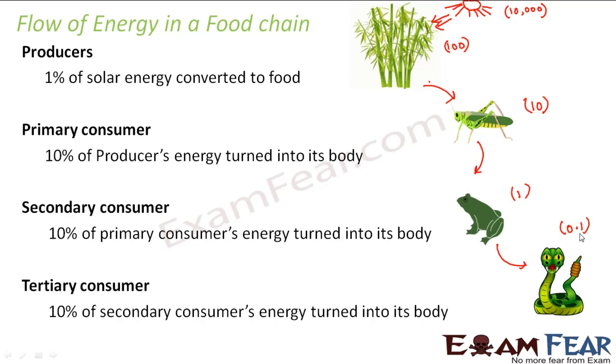So now, are you able to understand that if the number of levels in a food chain is too many, then what is actually seen is that the highest level in that food chain will hardly get any energy, because as the level keeps increasing, the amount of energy that comes to that organism keeps on decreasing. Right?